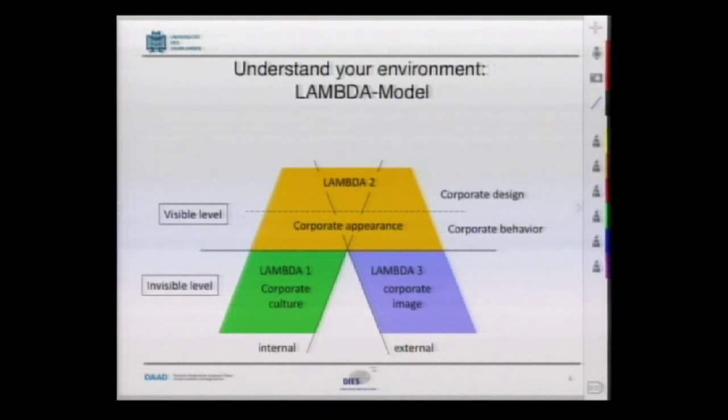So what you have to differentiate is, on the one side, the culture. Culture means the reality within the faculty. Image can be the reality, but it is in the mind, the image within the minds of students, of employees, of external people, and so on.